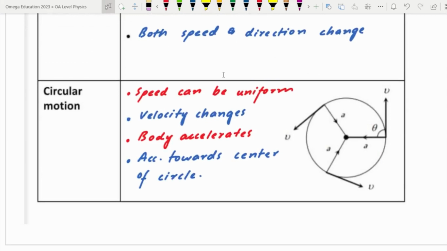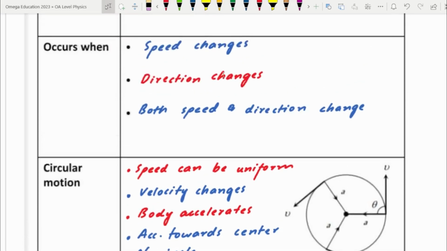And like I said, whenever an object moves in a circular path, even if the speed is constant, the velocity still changes. Why? In that case, the velocity changes due to the change in direction, even if the speed is constant. And if the direction changes, the body accelerates. And for a circular motion, the acceleration of a body is towards the center of the circle.